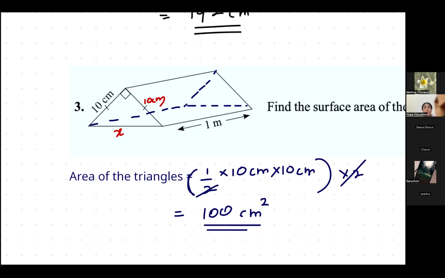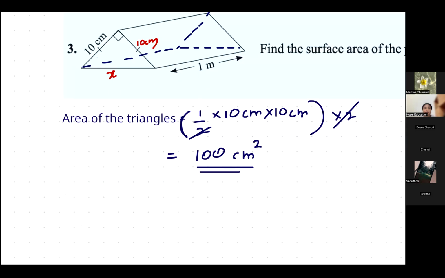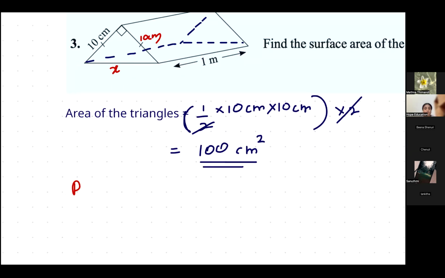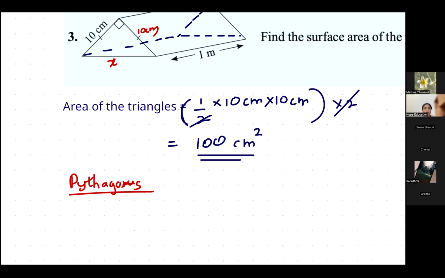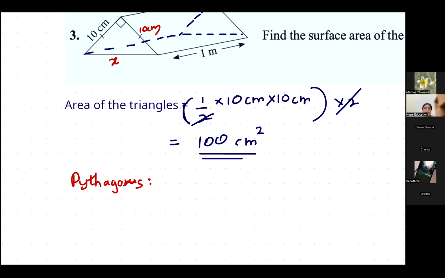Pythagoras. Whoever found the length of x, tell me, what did you get for the length of x? 14.1. Okay. Pythagoras. So applying Pythagoras, x is the hypotenuse, so x squared equals 10 squared plus 10 squared.